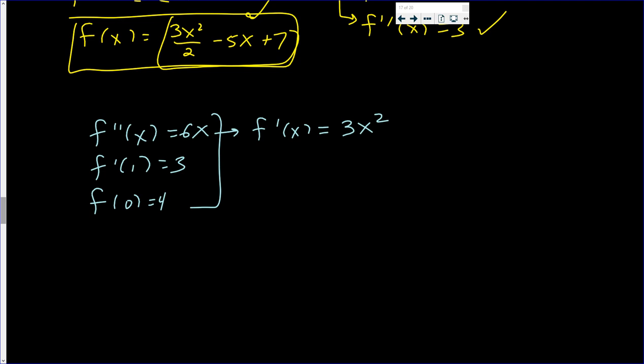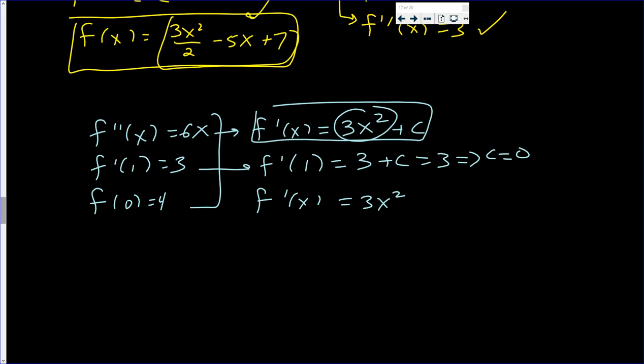So c is 0. So f prime of x, I'm just updating this, is equal to 3x squared plus 0, which is just 3x.